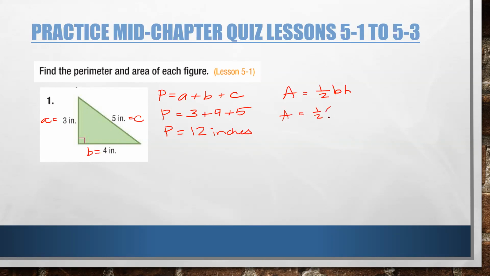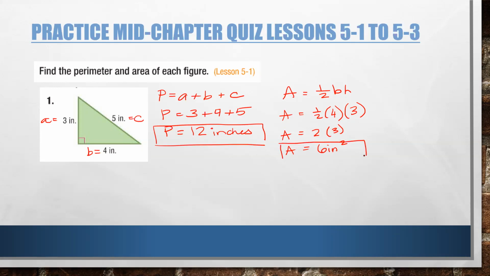So half of the base, which is 4, and the height is going to be 3, okay? If we take half of 4, that's 2. Then we multiply 2 times 3, which is 6, and this is inches squared because we're talking about area, okay? So that would be your 2 final answers there, okay?